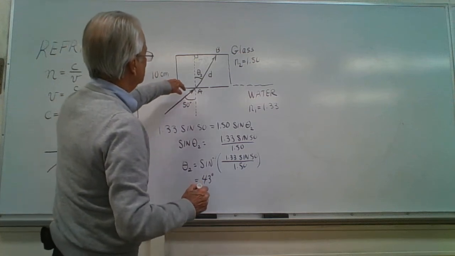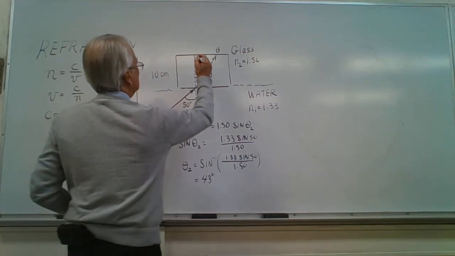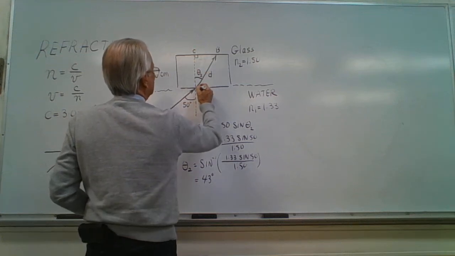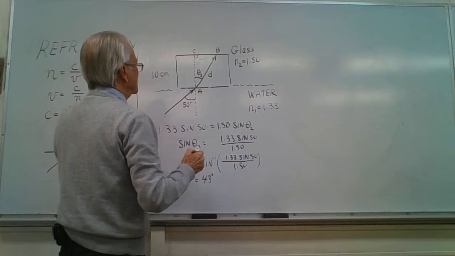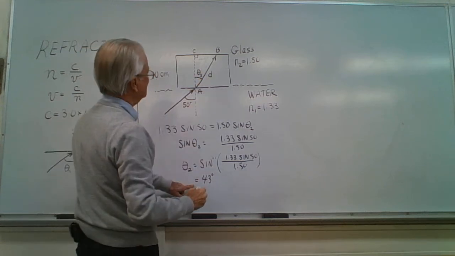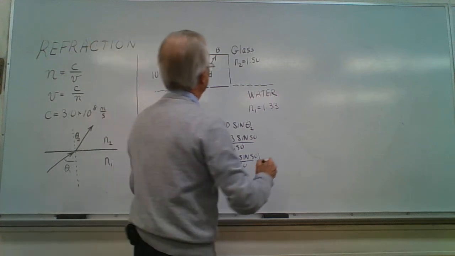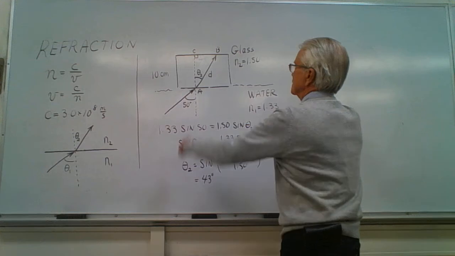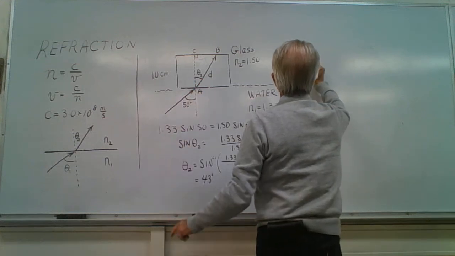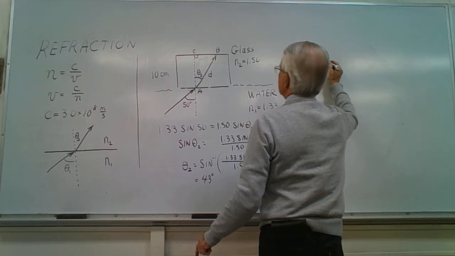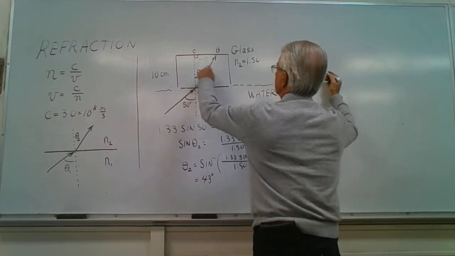Now, let's return to this right triangle. I'll label that point C, and so we have a right triangle ABC. Hypotenuse length is D. Theta 2 has just been found. It's 43 degrees. And so let us now recognize that the cosine of theta 2 is adjacent over hypotenuse.